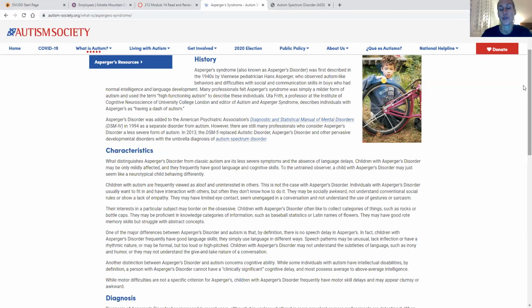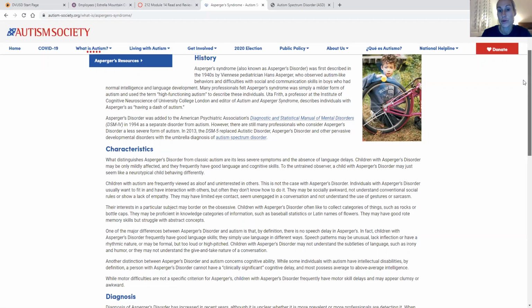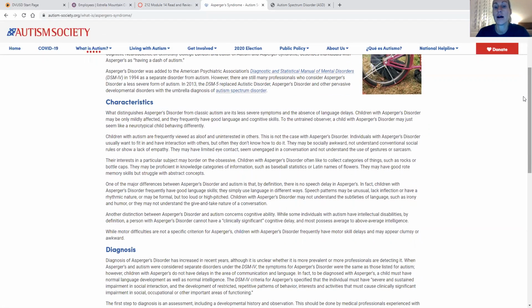And the other part too, I think the biggest difference between the two was that a lot of people with autistic disorder had cognitive impairment, whereas with Asperger's, they don't have cognitive impairment in the traditional sense. They have some other impairments, but they don't have that intellectual disability component.